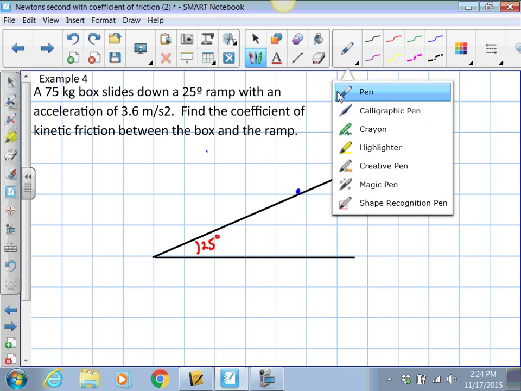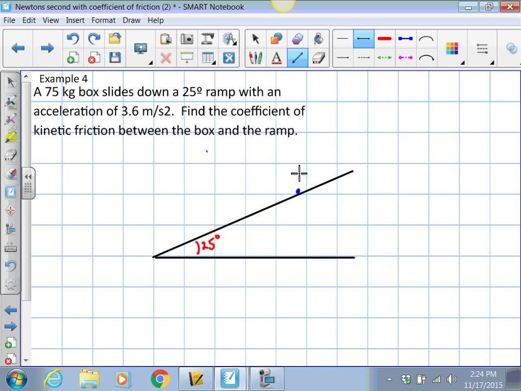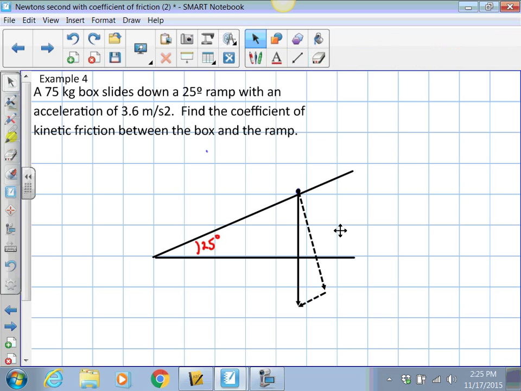So as we start to draw forces, we can say that we've got 75 kilograms worth of mass there that's going to be converted into a weight. We need the components of that weight, which are going to be here and here. Remember that you're making one of the legs of the triangle parallel to the ramp itself, and you're making the other leg of the triangle perpendicular.